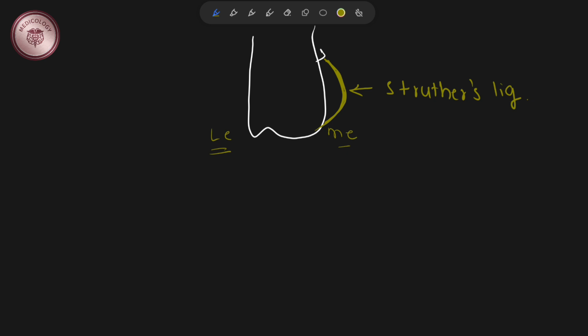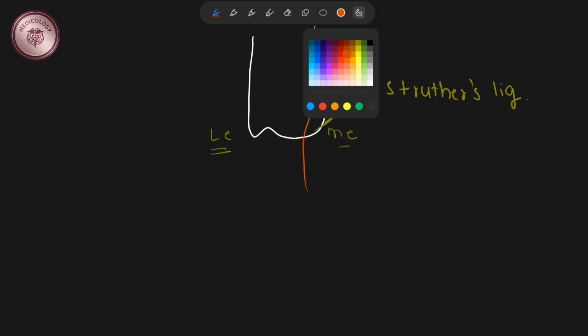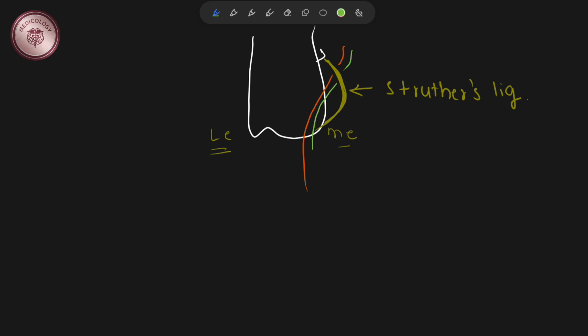Why am I telling you about this? Because here we have the median nerve and the brachial artery. Because of this presence in some people, the nerve and artery get compressed and they have Struthers syndrome.